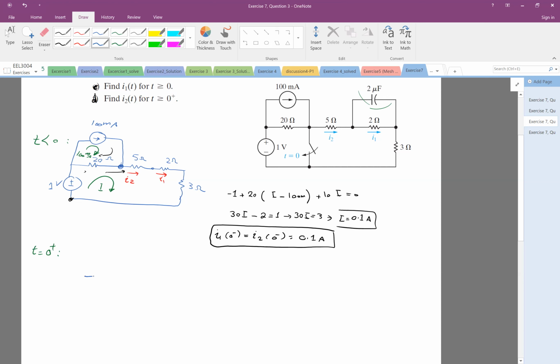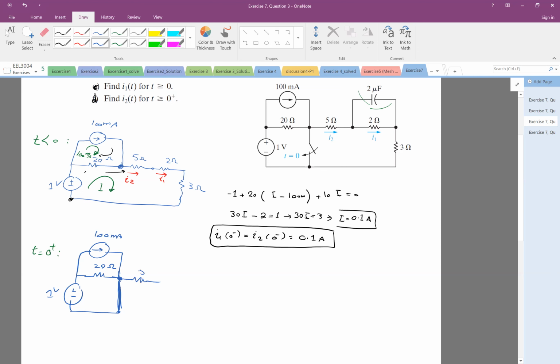We have the 20 ohm, we have our voltage source, we have the current source. Oh, oops. So after you close this, the whole thing will be short circuit. So I'll get back to that.